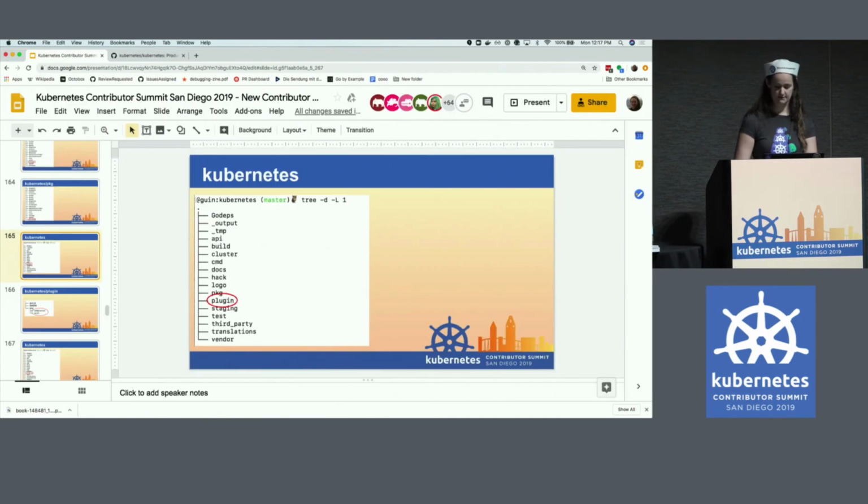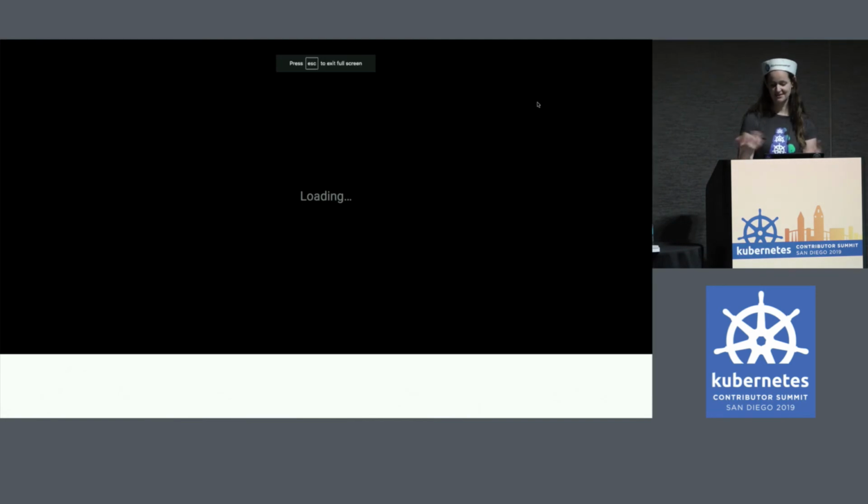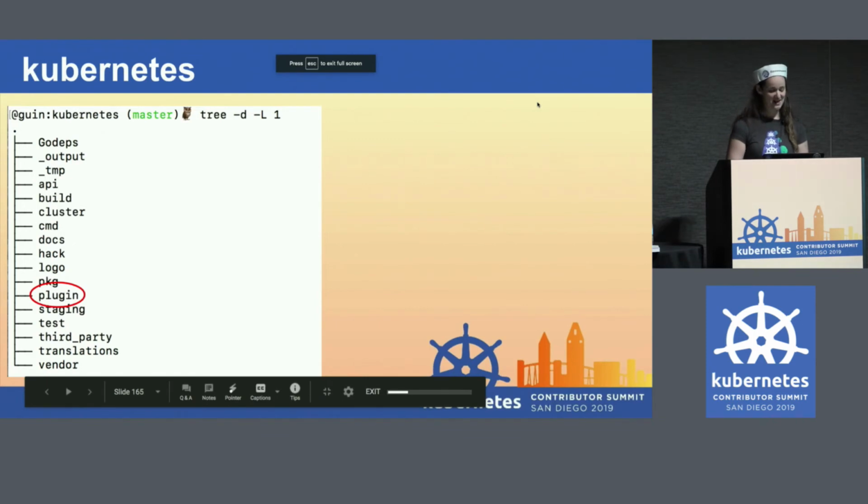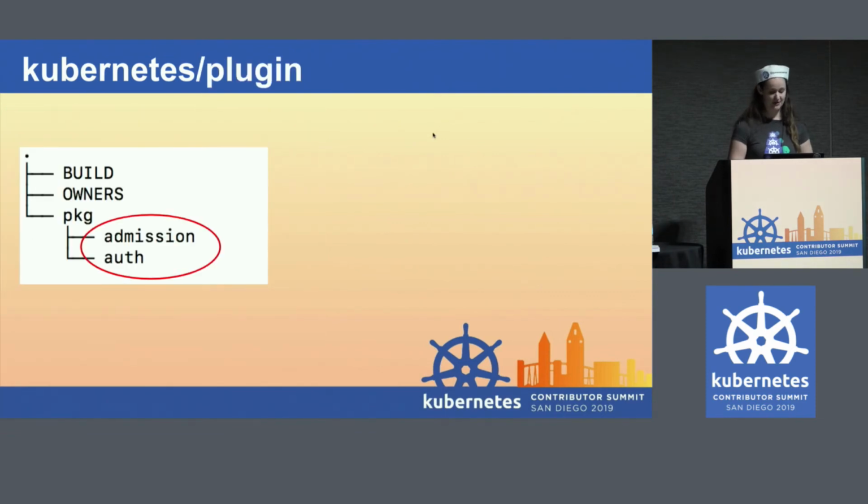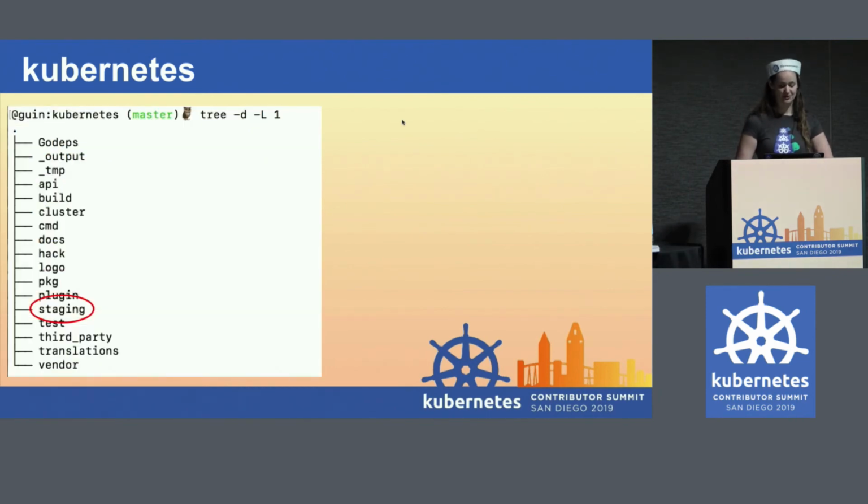It used to be that some of the things in Kubernetes were plugins. This is actually a little bit surprising. Admission and auth used to be plugins and not their own thing. They're their own thing now, but some of the stuff still lives in the plugin folder.